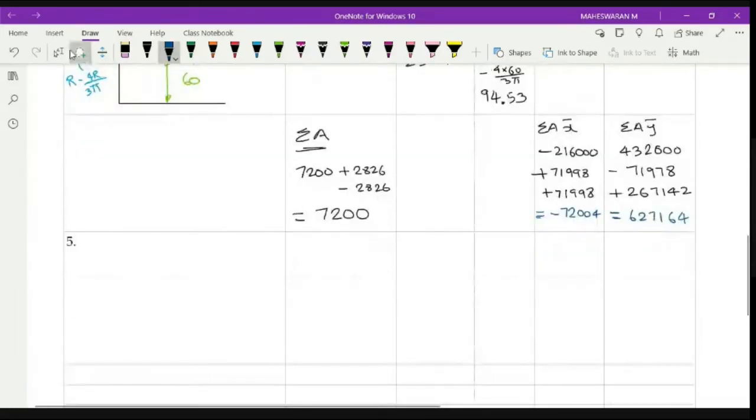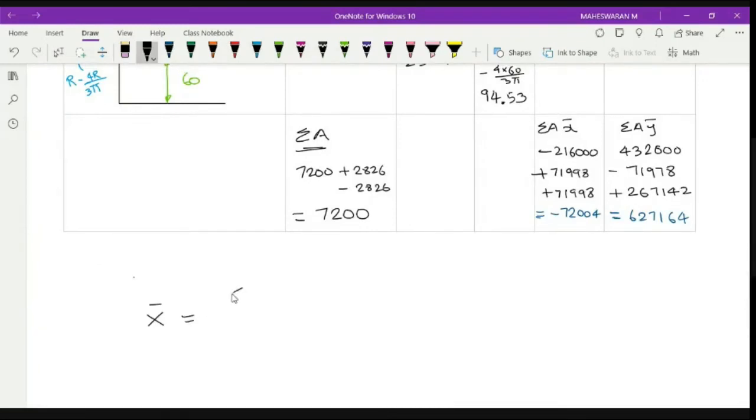So now what I can do is identify my values. Capital X bar is sigma A into small x bar divided by sigma A, equal to minus 72004 divided by 7200. So what is the value?